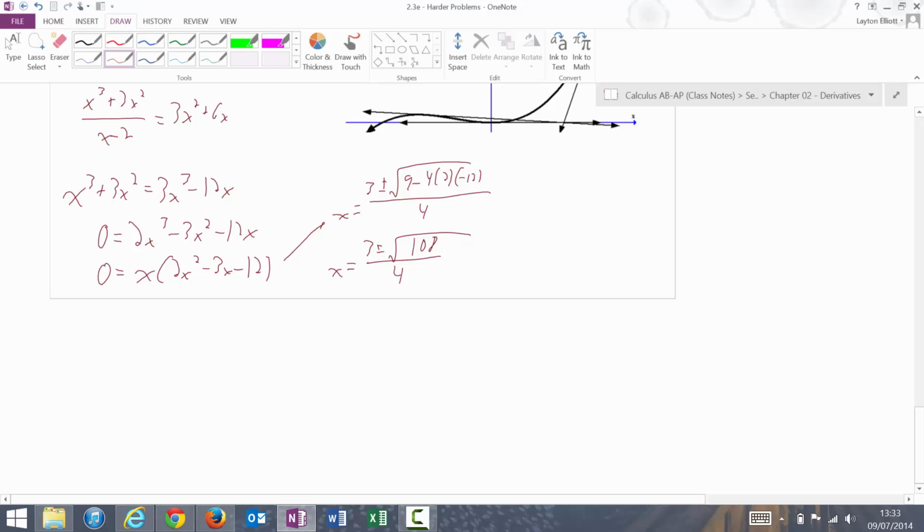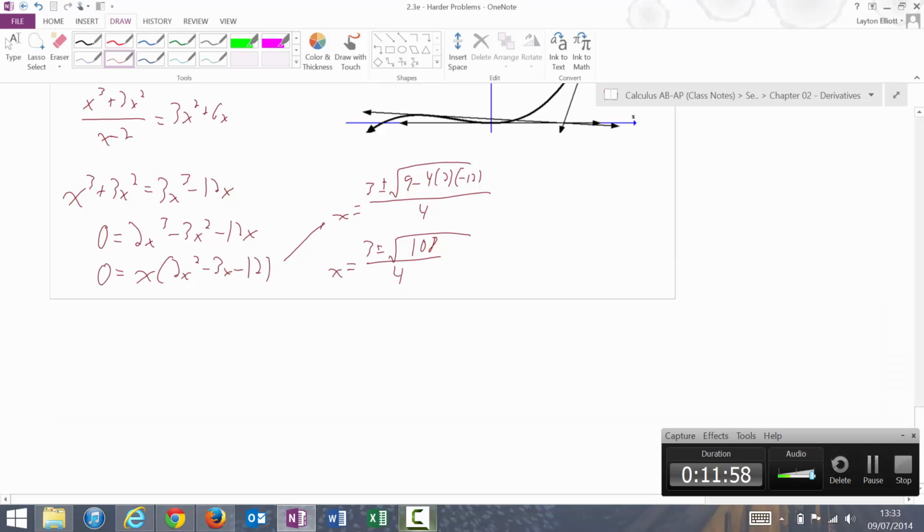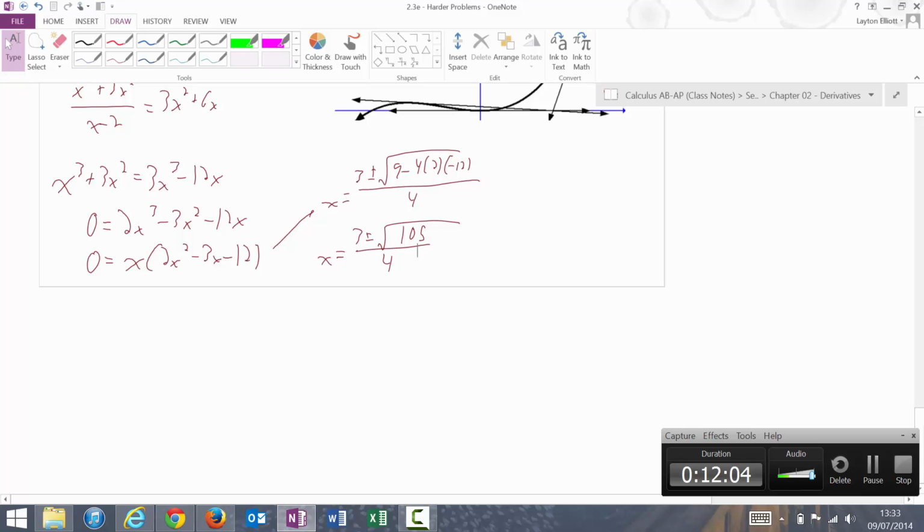Let's see, is that right? Hang on, I don't think that's right. Yes, that's 105. So that can't simplify. 5 and 21, no. So that's done.